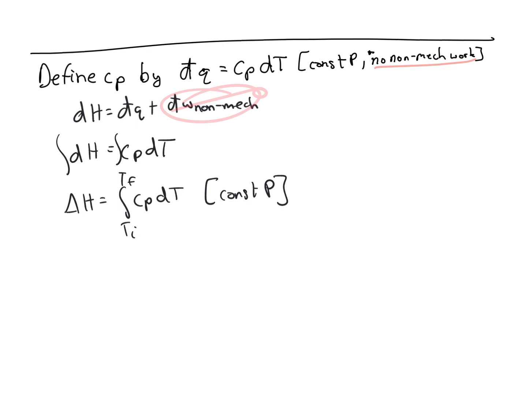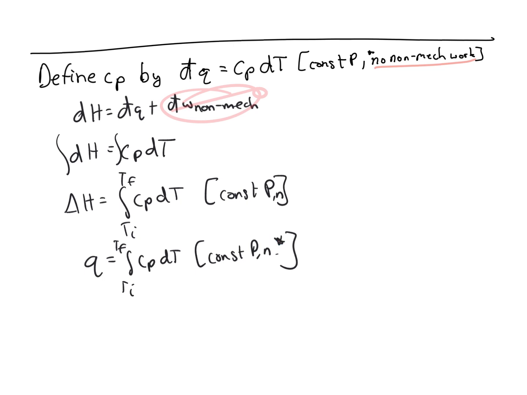So this describes how we can easily measure changes in enthalpy by using the heat capacity. Again, just like we had before, Q is equal to the integral of Cp dT from Ti to Tf, and that's going to be true at constant P and N, star, with no non-mechanical work.